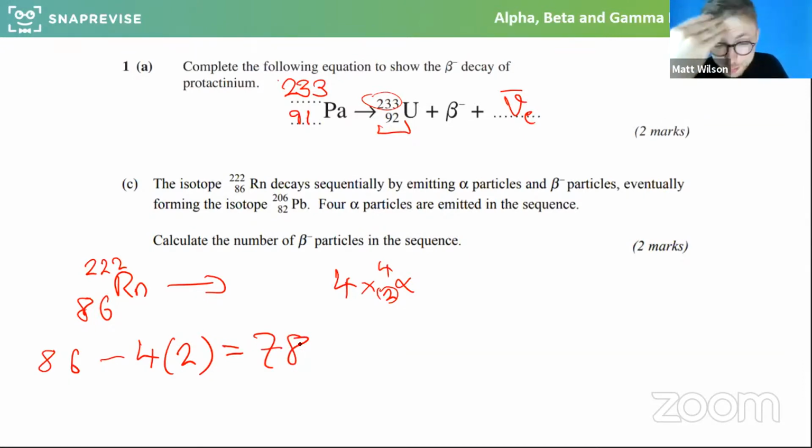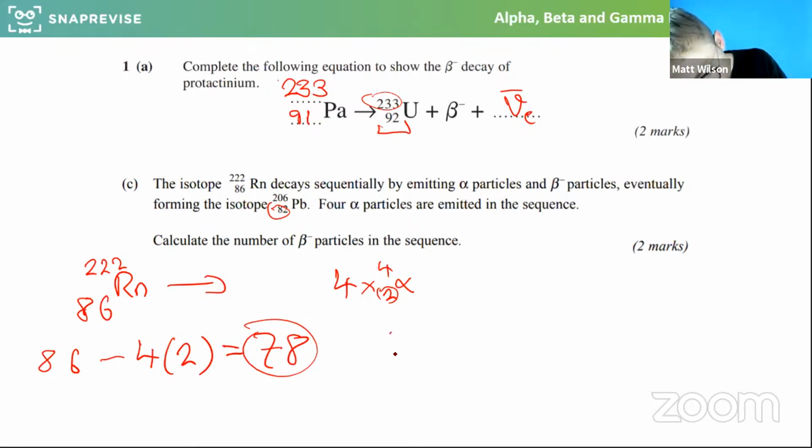Now they say some beta decays are going to happen. And those beta decays need to take us from a proton number of 78 to the proton number of lead, and the proton number of lead is 82. So how do we get from 78 to 82? Well, each time we do a beta decay, we'll gain a proton. To get from 78 to 82, we need to gain 4 protons.